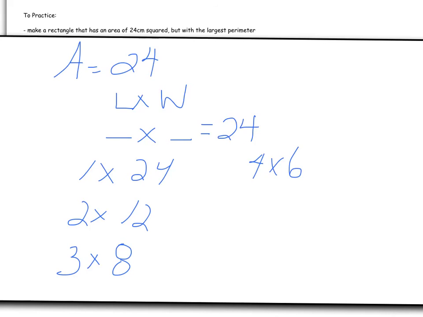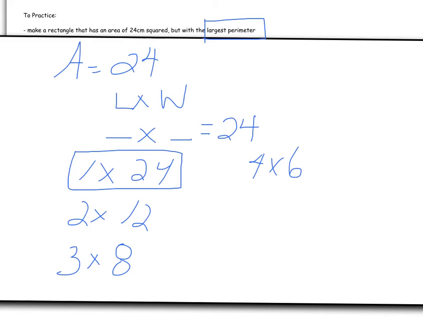Now these are all my possible rectangles, but I want the one with the largest perimeter. That means I would like a long, skinny rectangle. Which one is going to give me the longest, skinniest possible rectangle? Well, 1 by 24. So I didn't have to find the perimeter of each and every shape.